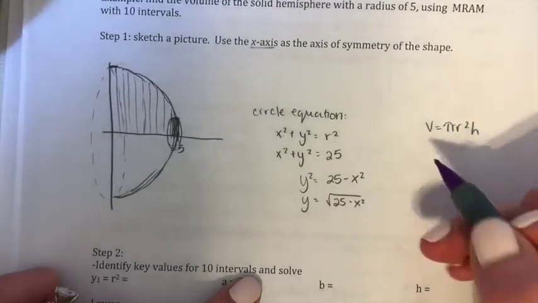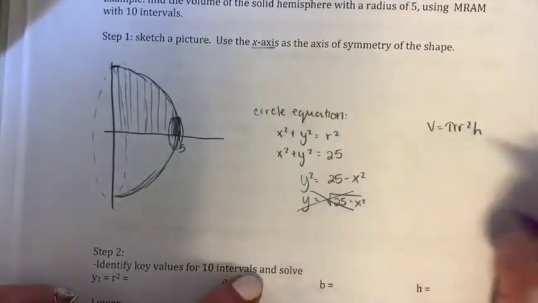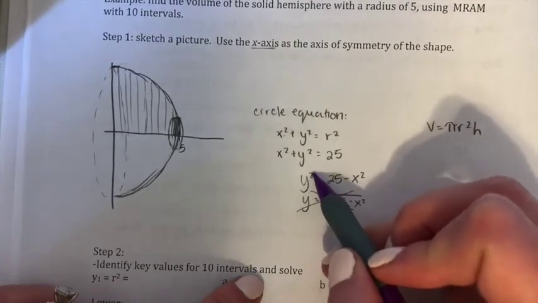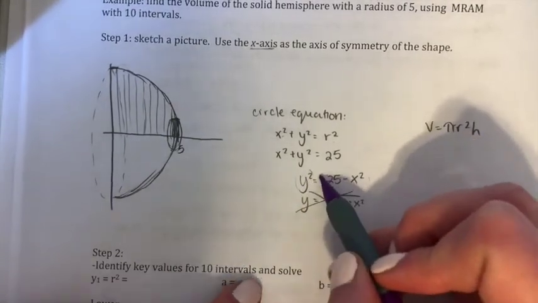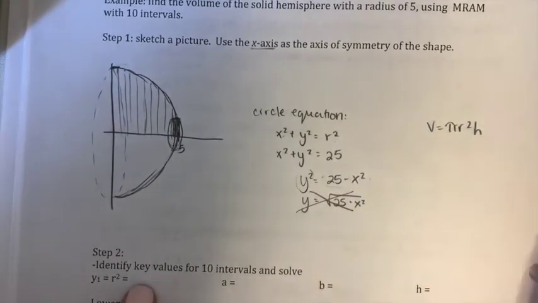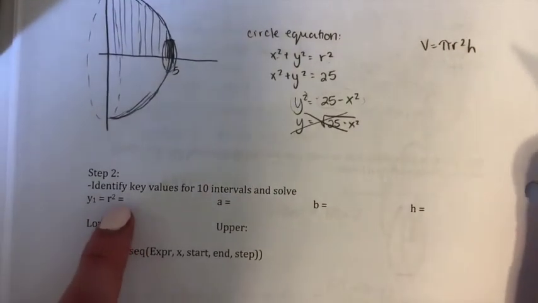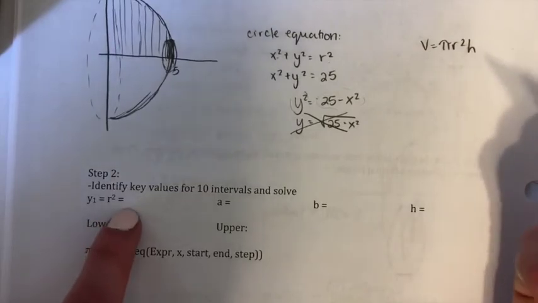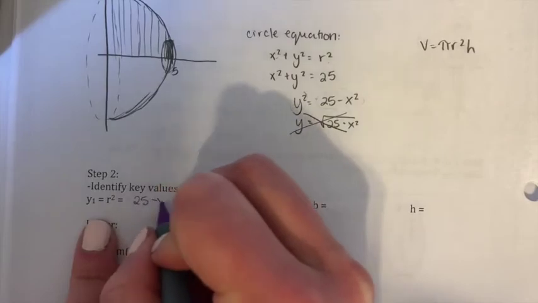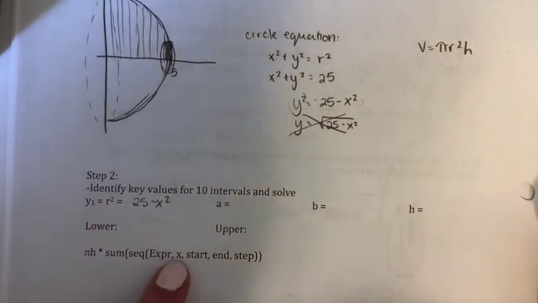We want r squared, so we actually don't need the root, because we want the radius already squared. So we can just plug this into our calculators as our function. r squared is y squared, so it's just 25 minus x squared.